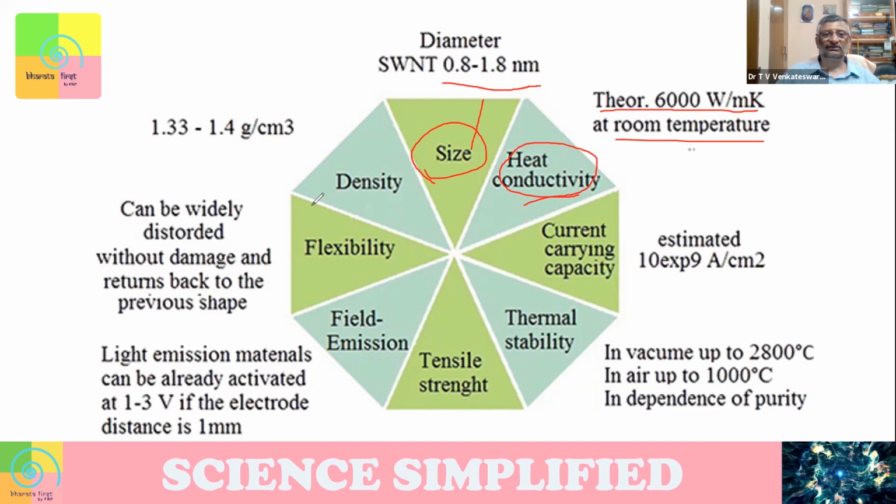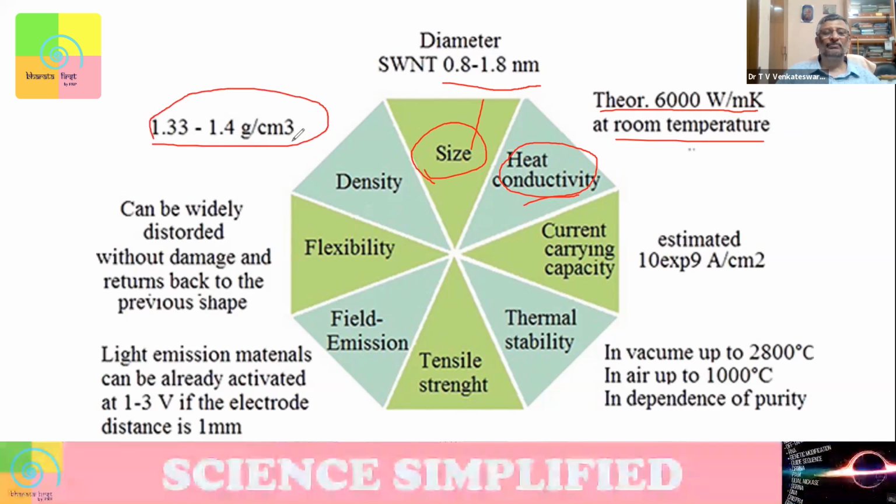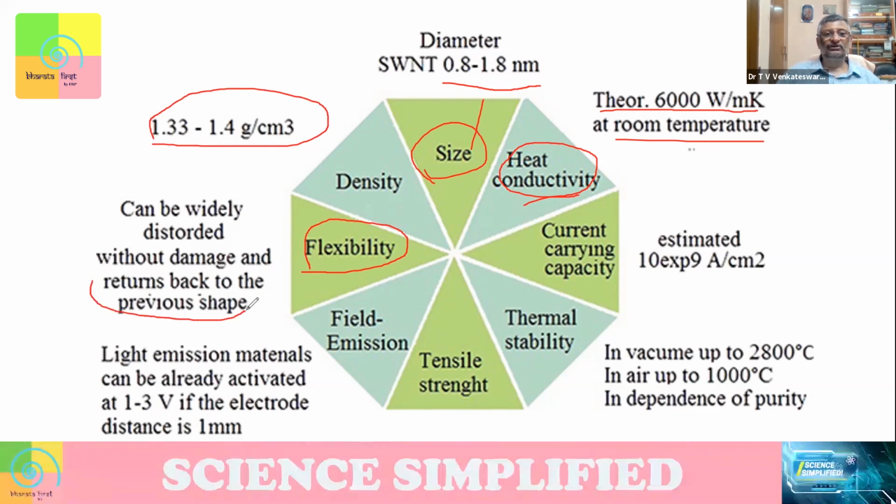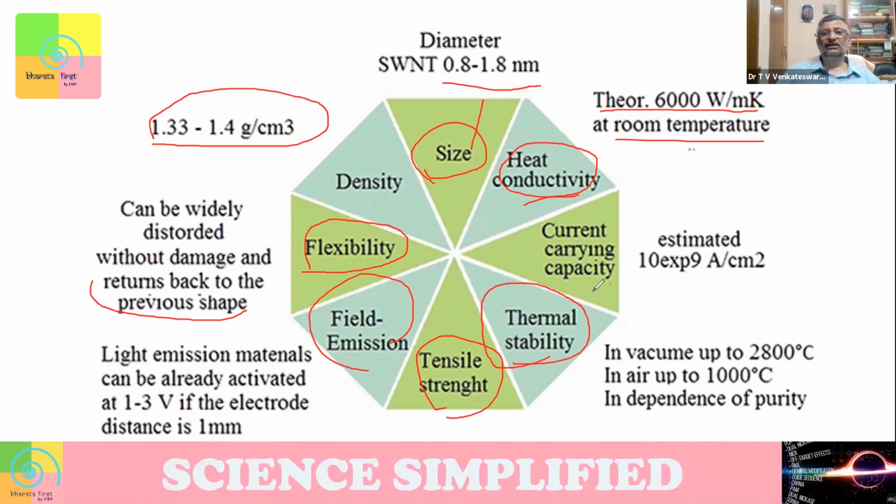When I look at density, it is about 1.4 gram per centimeter cube. When I look at its flexibility, it can be widely distorted without damage, and it can come back to its previous shape. So highly flexible. It has field emission. It has a very high tensile strength. It has a high thermal stability. It has a high current carrying capacity.